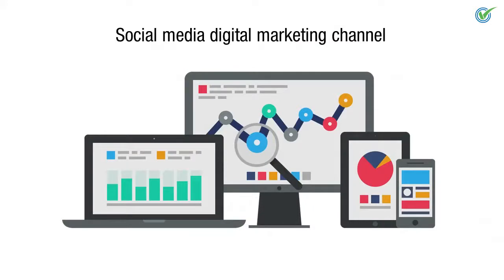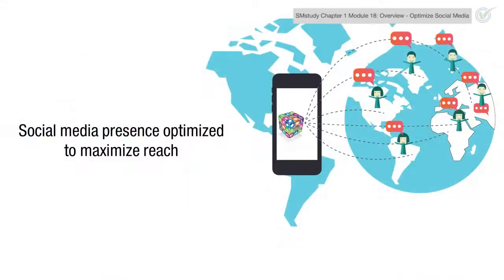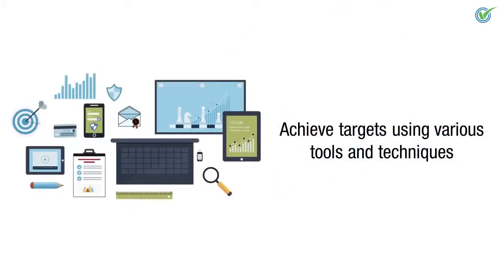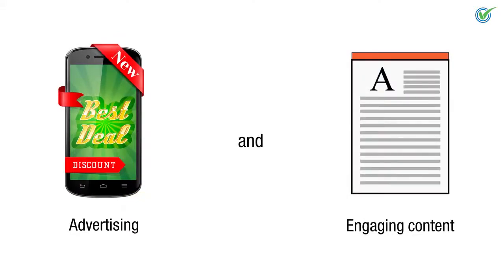The processes discussed in this chapter are as follows. Optimize social media for reach. In this process, a company's social media presence is optimized to maximize reach and achieve targets using various tools and techniques, such as advertising and creating engaging content.